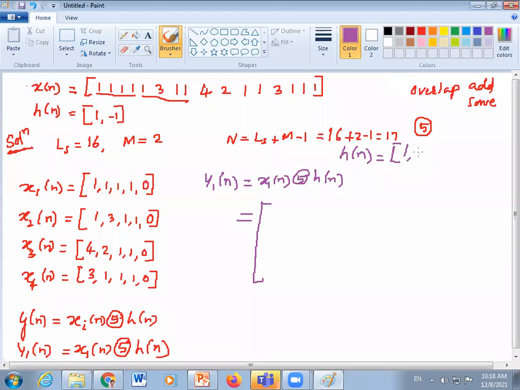1, -1, 0, 0, 0, 0, 0, because we need to make the lengths of the sequences equal.